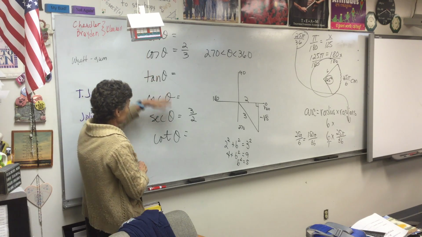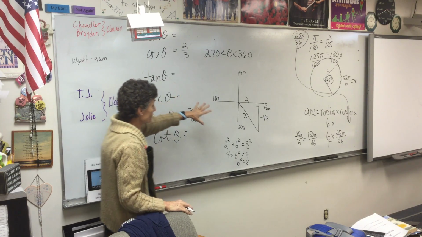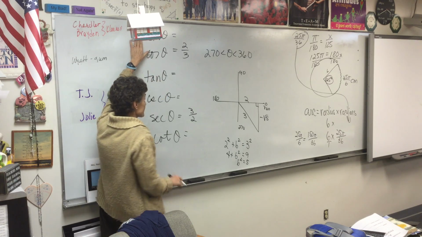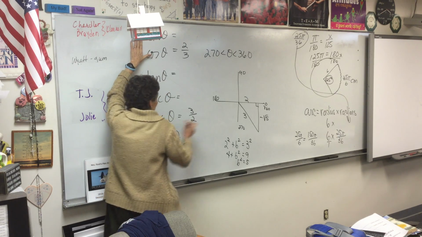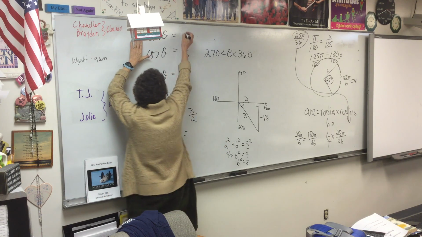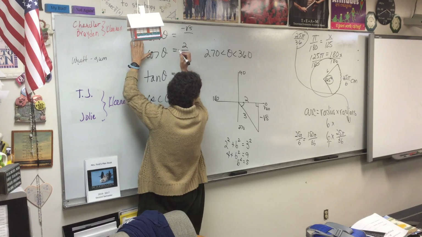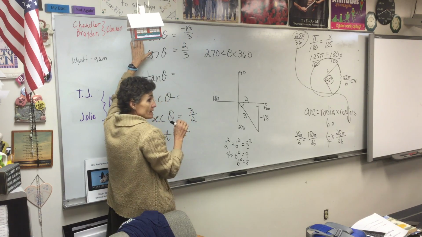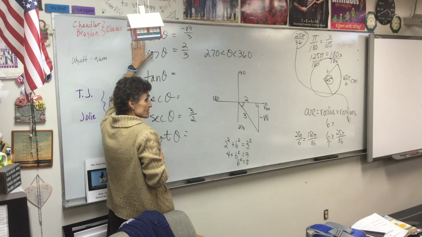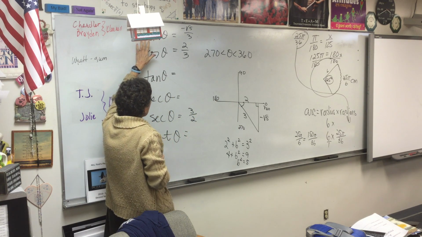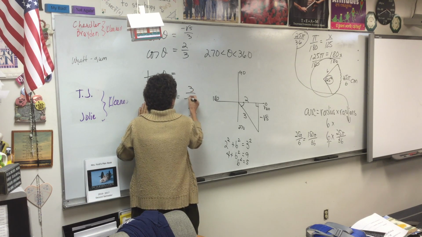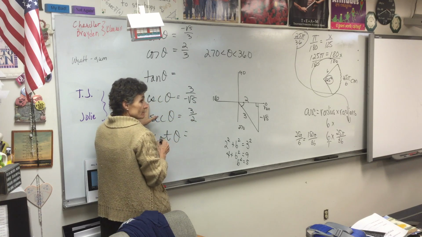Now we should be able to fill in everything. Once you get the picture drawn, since you have your stuff memorized, you're good to go. What's the sine? Remember, here's your angle right here. So what's the sine? Negative square root of 5 over 3. How did he do that? Opposite over hypotenuse. If that's the sine, then the cosecant is 3 over negative root 5.